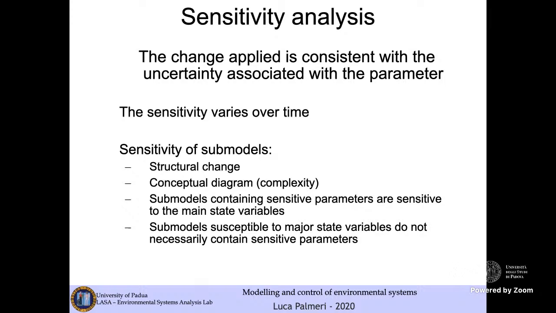Of course, if the parameter I am looking at, for example, the settling velocity of algae, is known with a defined uncertainty, it is useless to make a sensitivity analysis with variations that are smaller than the uncertainty of the parameter.